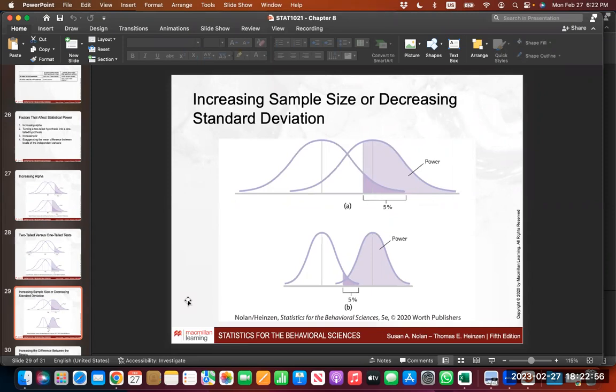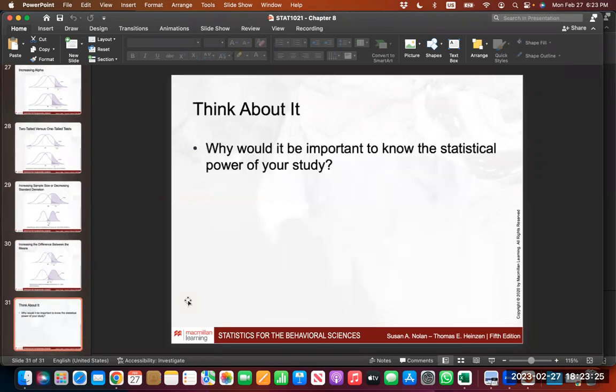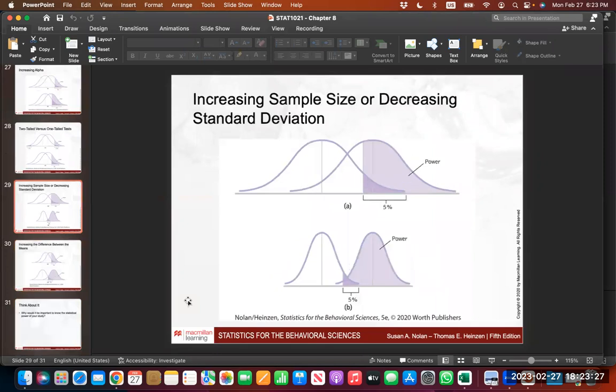By getting the distribution skinnier, you have a larger area that has greater power. If you increase the difference between the means, you essentially do the same thing again. You increase that area that is not overlapping and you minimize the overlapping regions. So these are very valuable graphs that I highly recommend to review and think through in much detail. Okay, any questions to that?